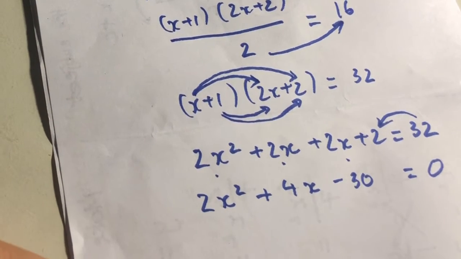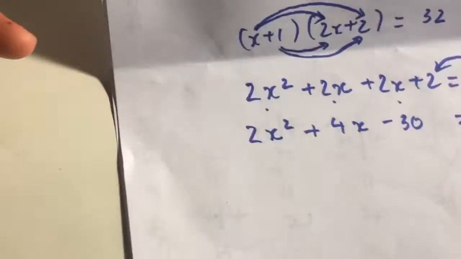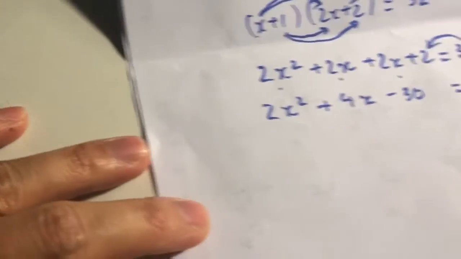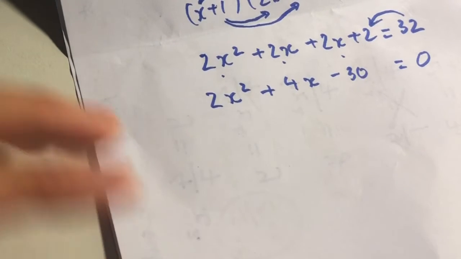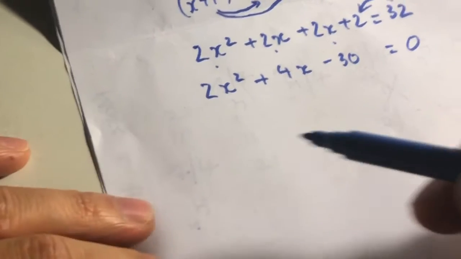All right, easy peasy. Now we have a quadratic equation and we want to find x. Some people will factorize, some people will use the quadratic formula. I stick to the quadratic formula because it works 100% of the time, if not 110%. So the quadratic formula is obviously your friend.